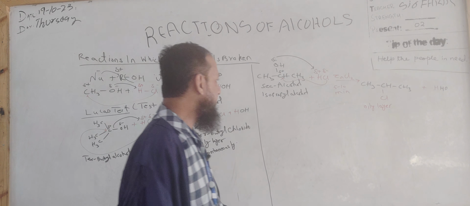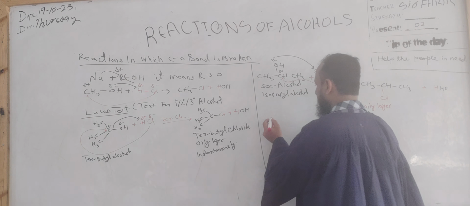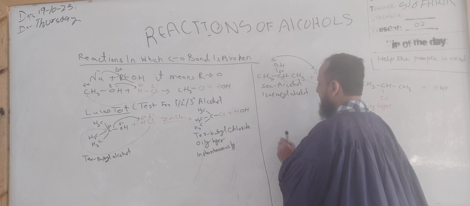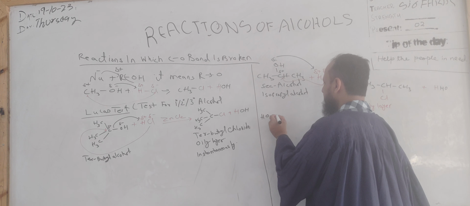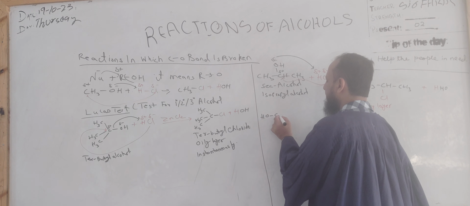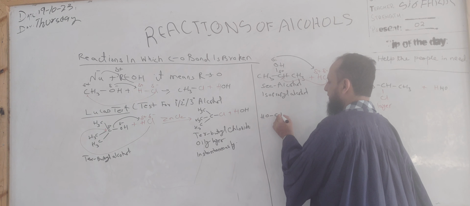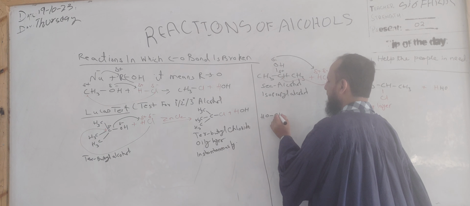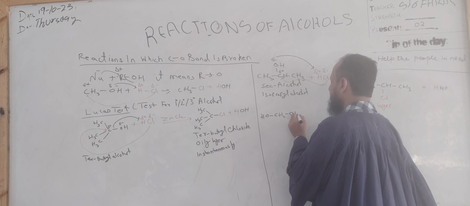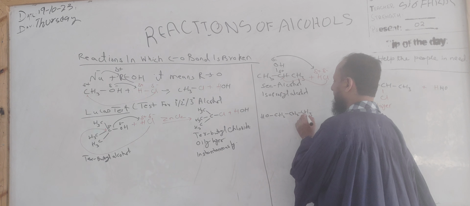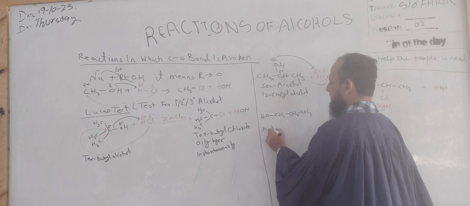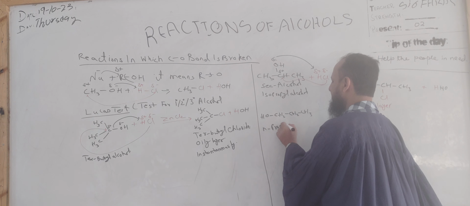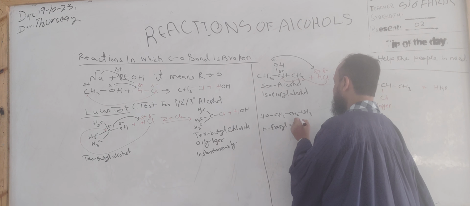So we heat it. For example, if we have HOC3H7, that is if we have a primary alcohol. Let's suppose we take this CH2, CH2 and CH3, N-propyl alcohol.